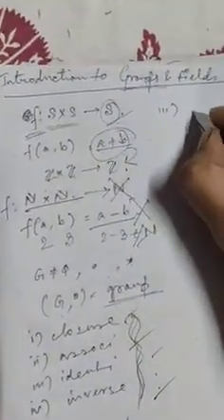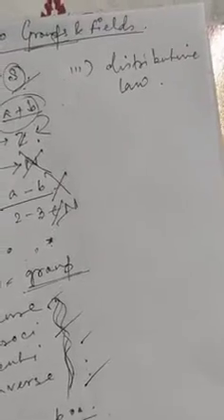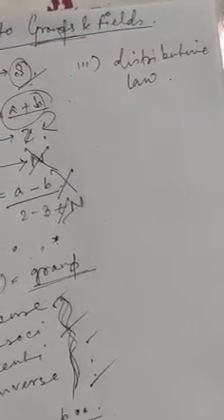Semi-group means the first 2 properties of a group, that is closure and associative. And number 3 is, for any 3 elements, it satisfies the distributive law. If these 3 conditions hold for a non-empty set R together with the 2 operations addition and multiplication, then R comma plus comma dot is said to be a ring.